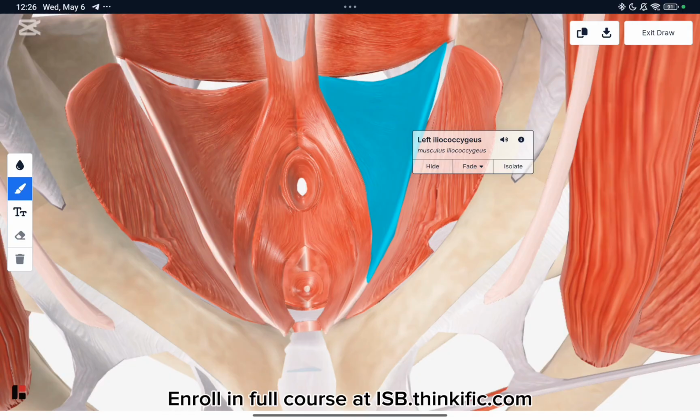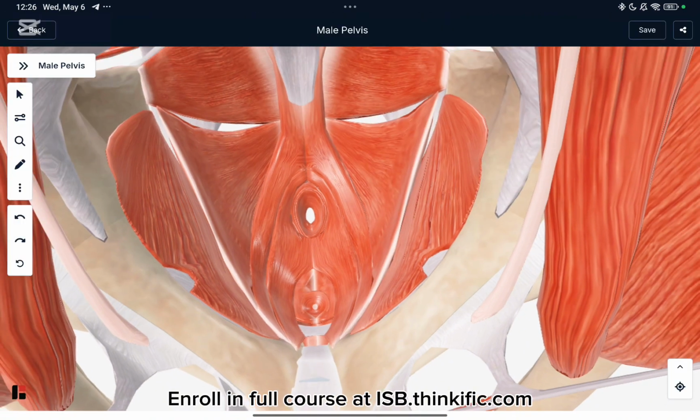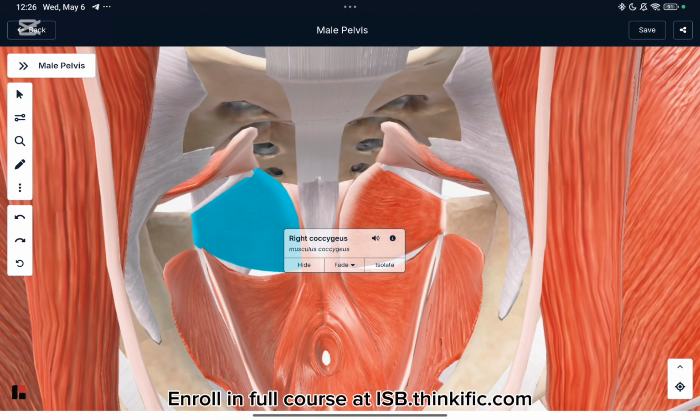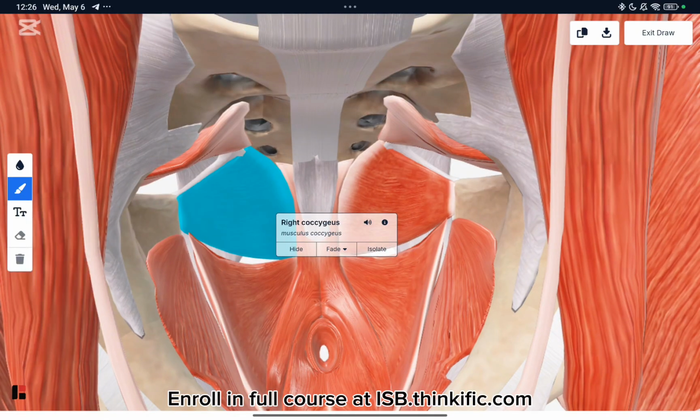All right, now what about the nerve supply? Let's first talk about coccygeus, then we talk about nerve supply as a whole to the pelvic floor. Coccygeus is this one. It contributes to the pelvic floor, but posteriorly, okay? It's triangular in shape, as you can see, the apex of which is the origin from the ischial spine.